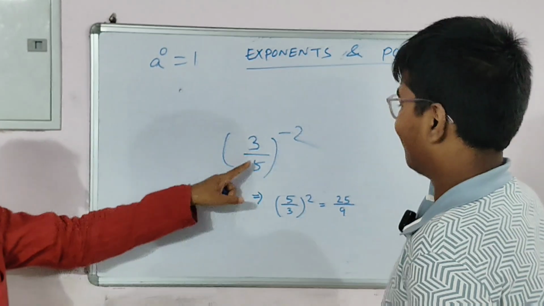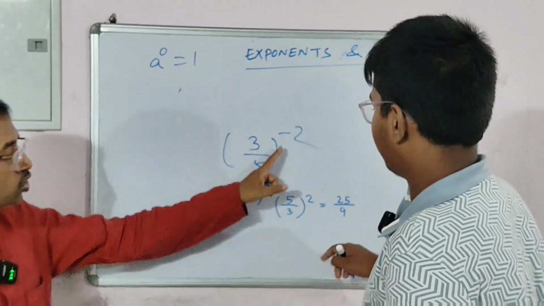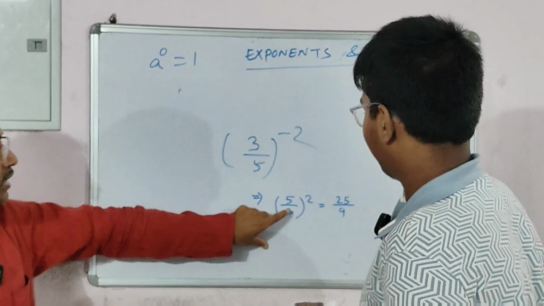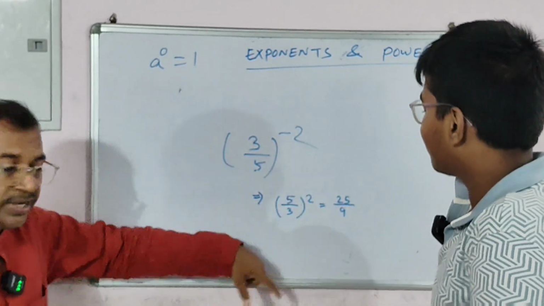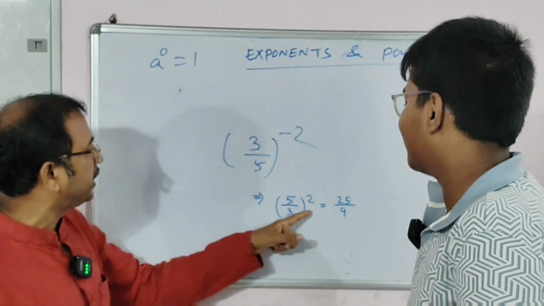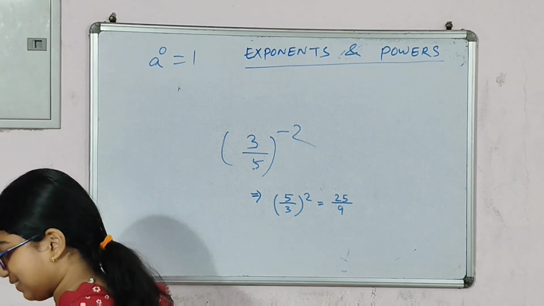So 3/5 to the power -2. Great. So first of all, when this type of question is coming, first of all eliminate the negative power. When you eliminate the negative power, we take the reciprocal. 5/3. Great.